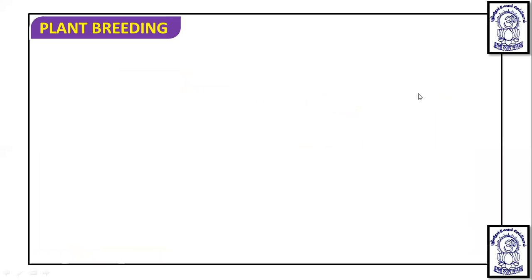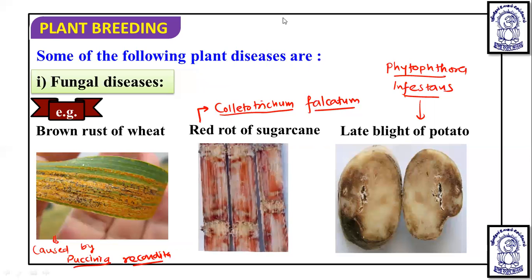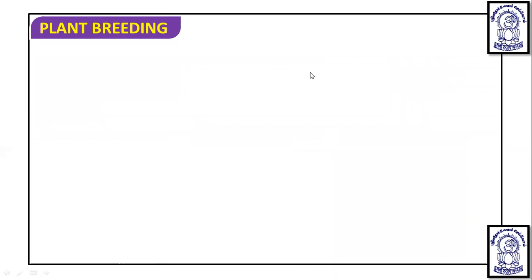Apart from this, some other fungal diseases are like loose smut of wheat. Now this loose smut of wheat, here we are going to talk about the causative agent.